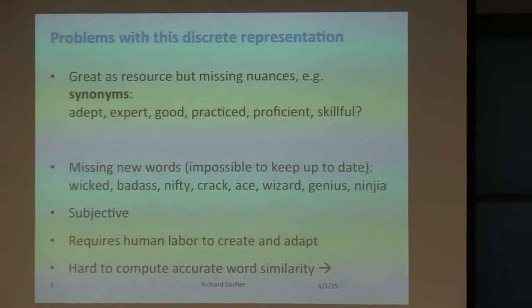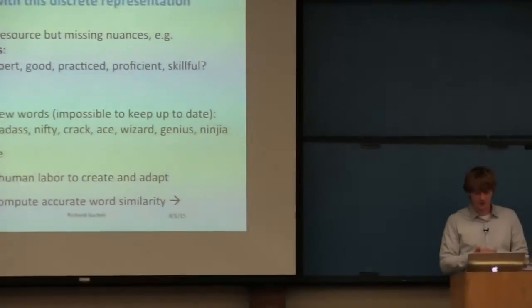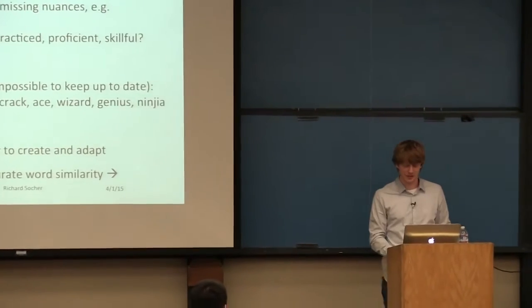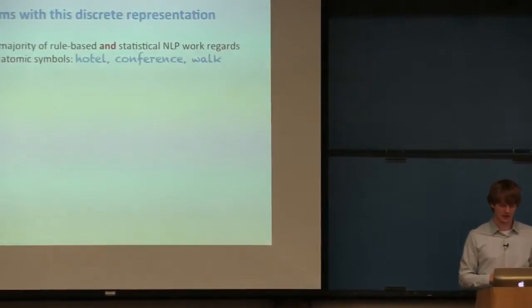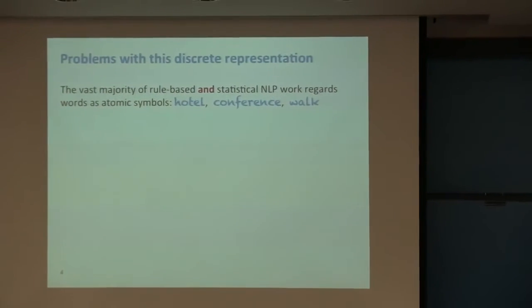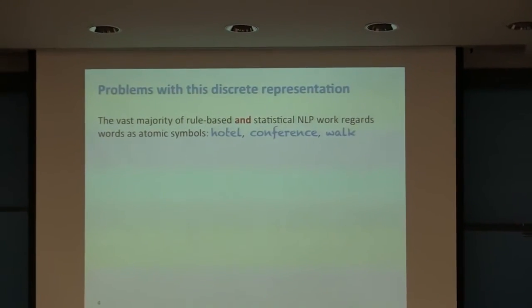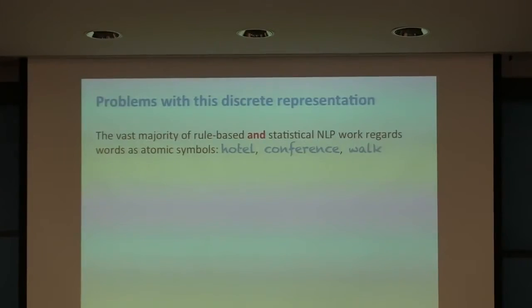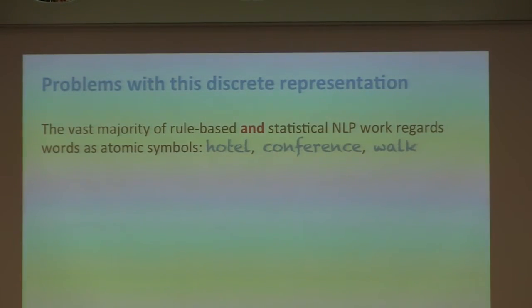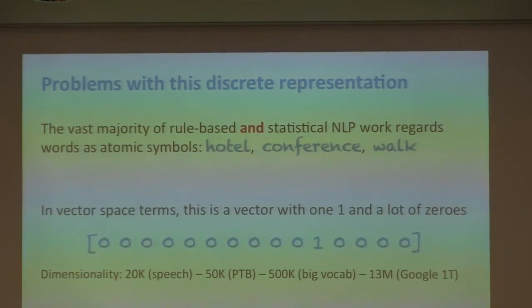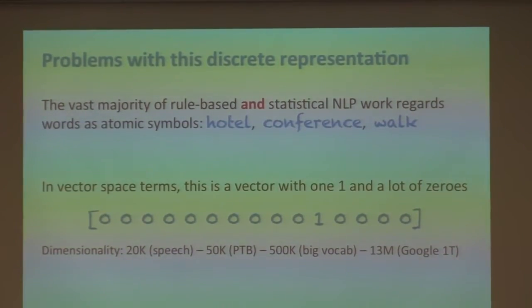It's also very hard to compute word similarity, and this goes to the first part of the missing nuances. So let's see what this kind of representation leads to. Basically, the vast majority of rule-based and other kinds of statistical NLP models and systems regard words as atomic symbols. So you might say hotel, conference, or walk are all just an index in a very large, very sparse vector.